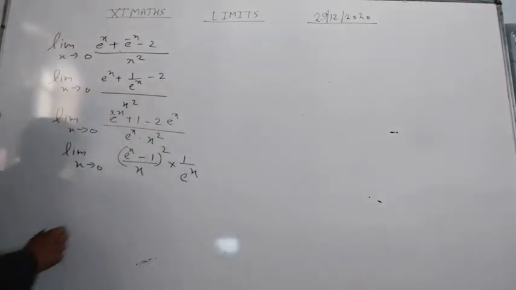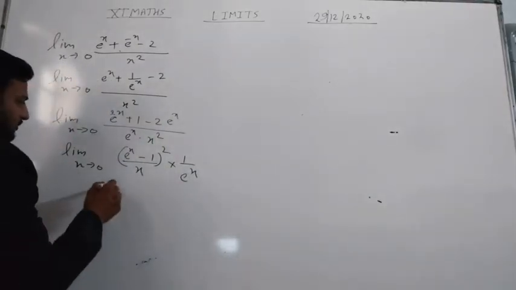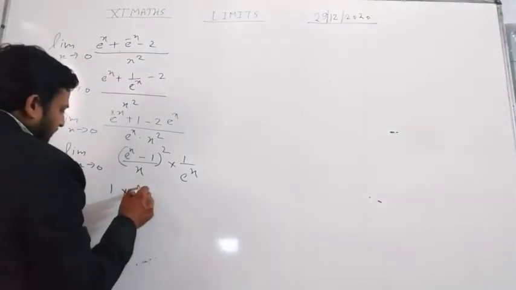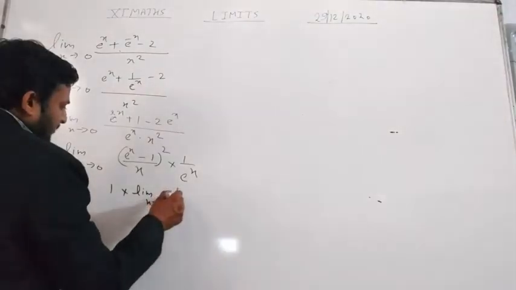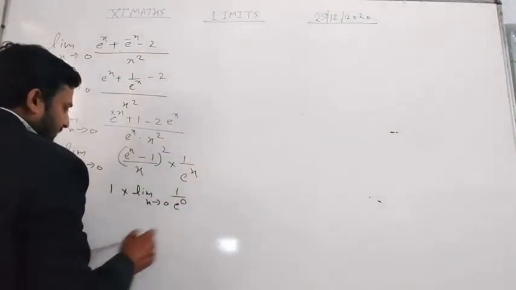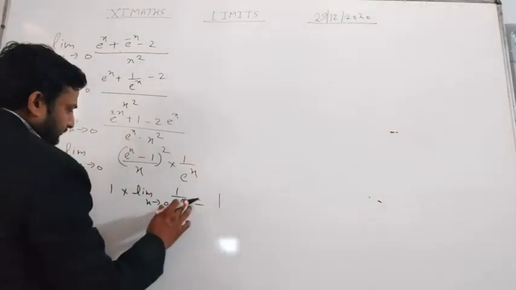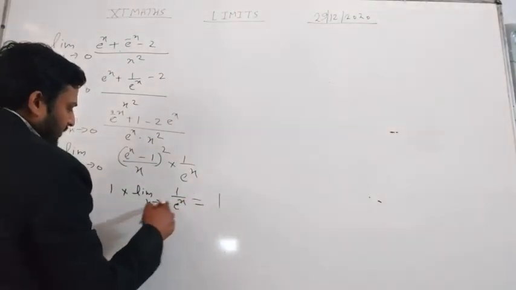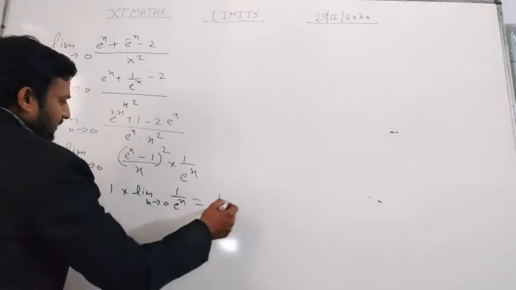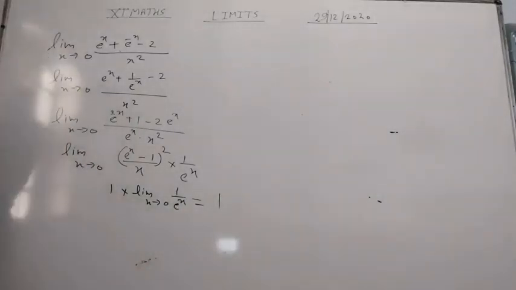Okay student, so this part will be equal to 1, and we write limit x tends to 0, 1 by e to the power x. Now we put the limit 0 here, we get our value 1. I hope you understand students.